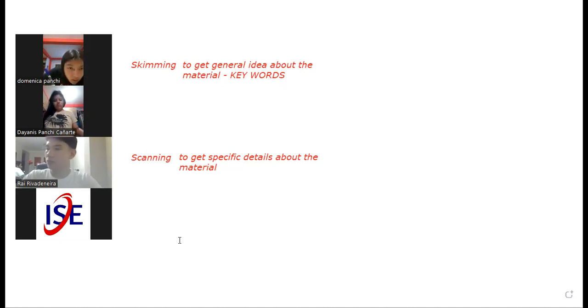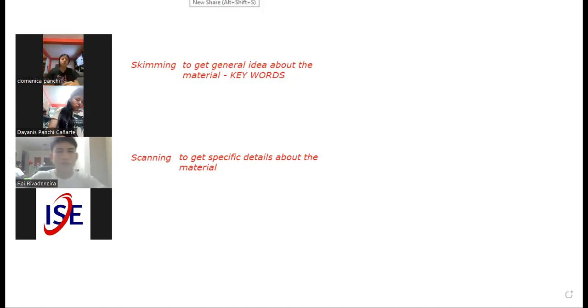First you do skimming and then you do scanning, because if you have to answer questions about the reading, you need to do scanning. Got it right? Skimming and scanning? Even in Spanish, they are called the same, skimming and scanning. Those are the two most important, if not the most important techniques for reading.